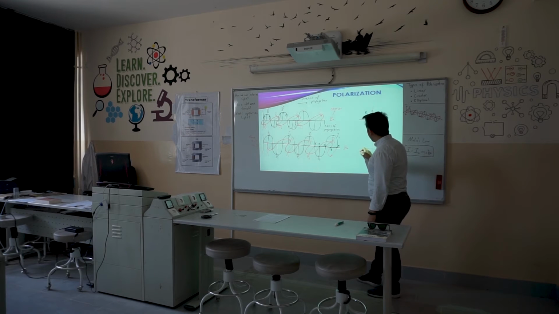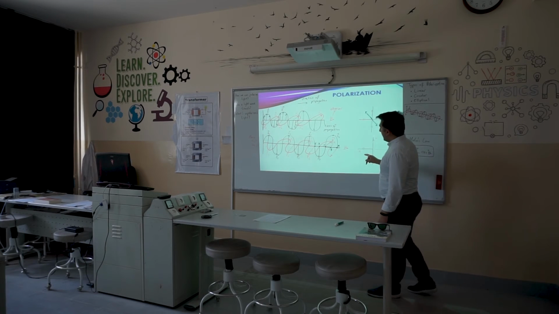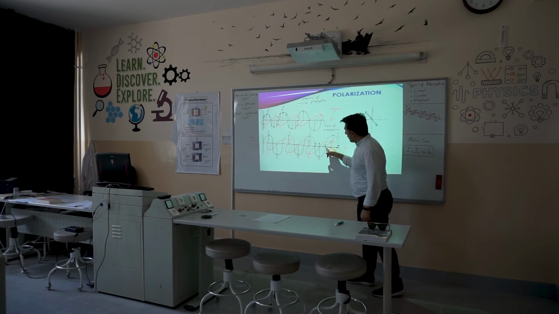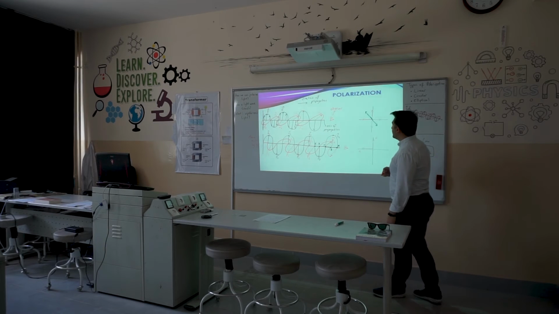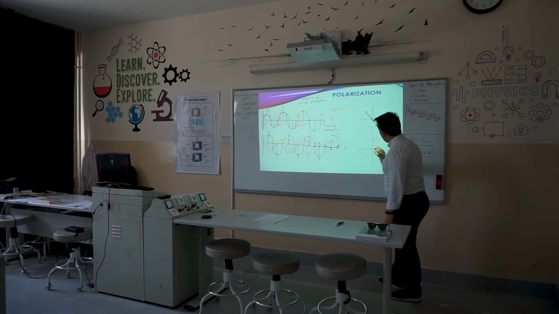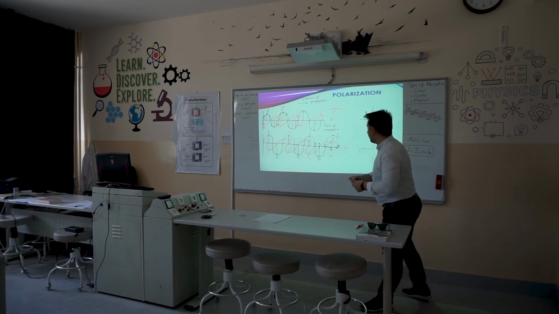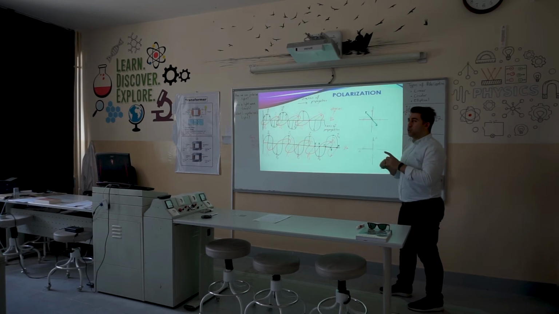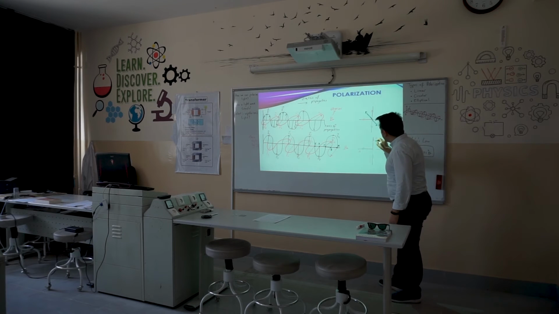Let's say this one is A, B, and the other one, the third point, we have the electric field of the first one is maximum and the other one is minimum. And it should also be like this. This is point C and this is point B. So we see that the polarization of these two rays rotates clockwise.